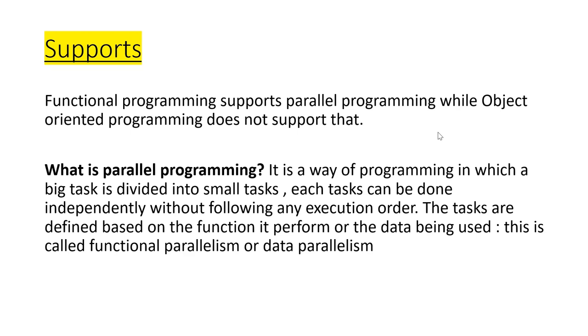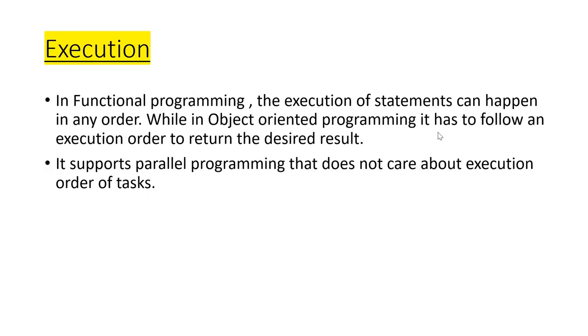We use parallel programming to resolve larger problems that do not fit into a single CPU architecture or that cannot be solved in a reasonable amount of time. So parallel programming is a must in functional programming. Okay. Next, execution.